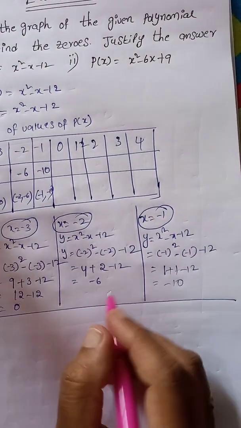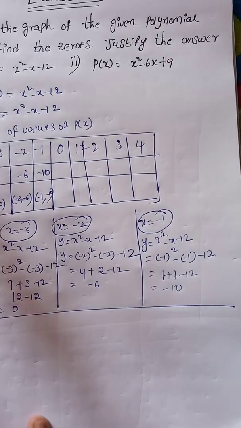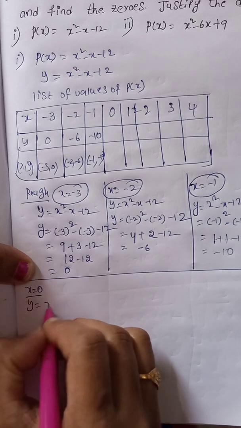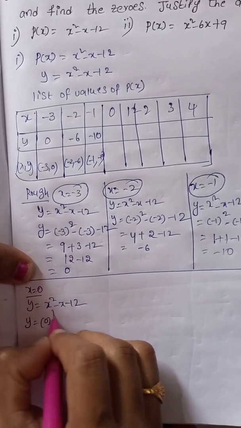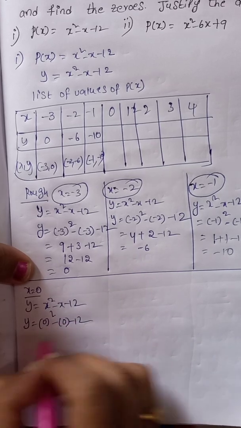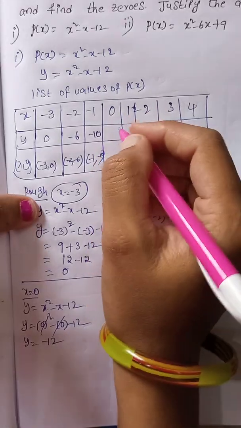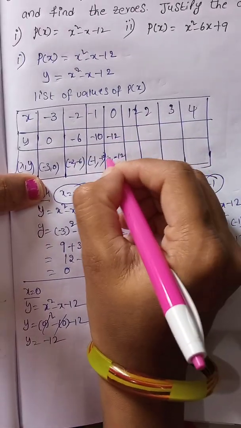Next substitute x equals 0. y equals x square minus x minus 12, so y equals 0 whole square minus of 0 minus 12. The zeros cancel, leaving minus 12. When we substitute 0, we get the y value as minus 12: 0 comma minus 12.